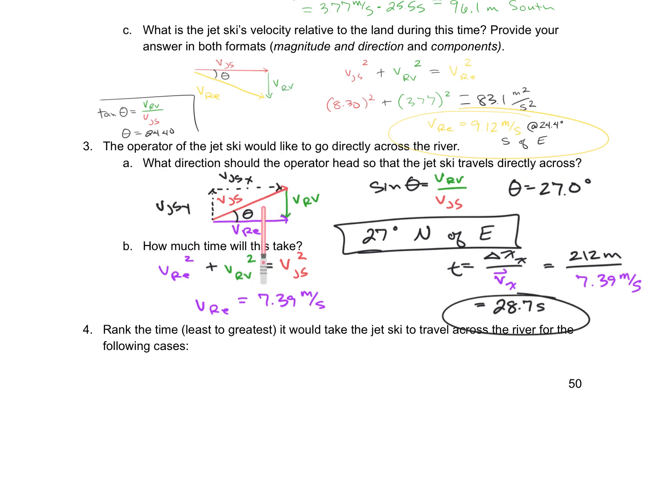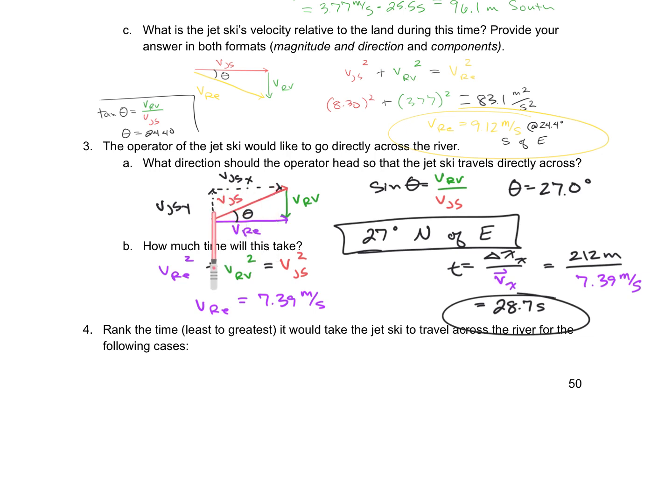But if you change the direction that the jet ski is traveling, the resultant vector does change. Now, because your jet ski is no longer traveling directly on the coordinate system of east, west, or north and south, because it's traveling at an angle, this jet ski has two components. It has the y component and it has the x component.